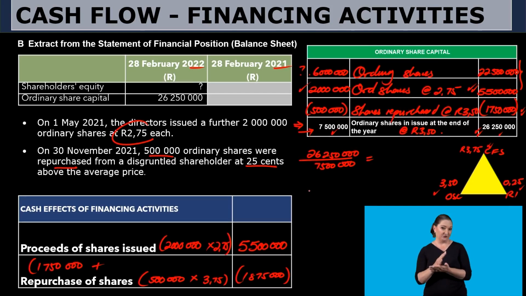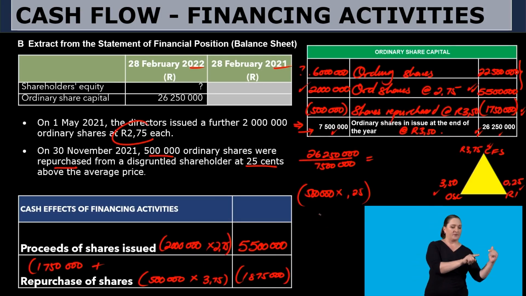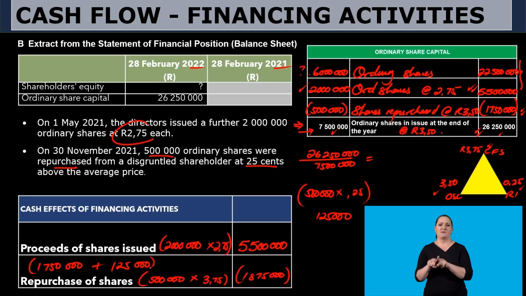The retained income amount would be your 500,000 shares multiplied by 25 cents. And then once you do this, how much do you then get? You get 125,000. Then you come here, then you say plus 125,000. You close this, it will give you the very same figure. So these are two ways in which you could have done it. I hope I've shed light onto this.